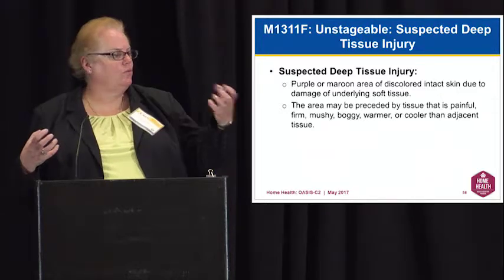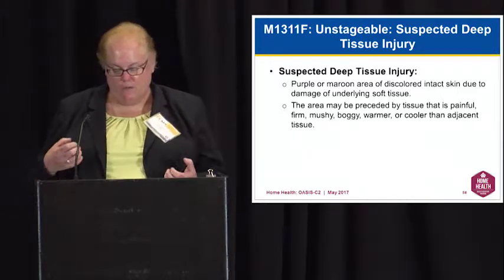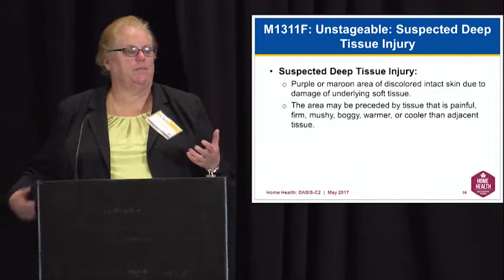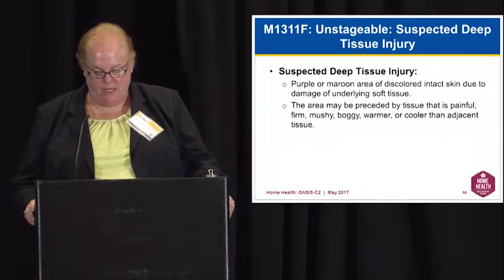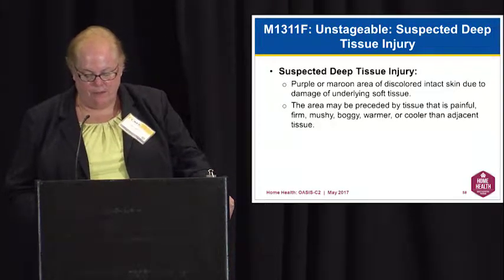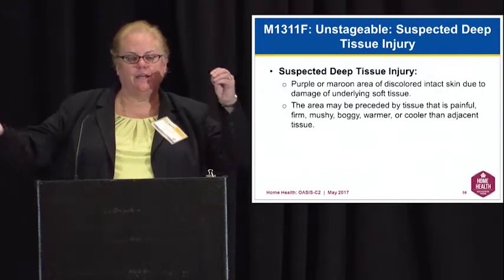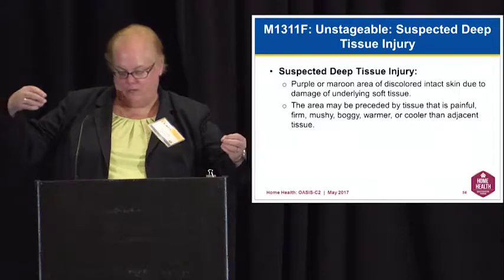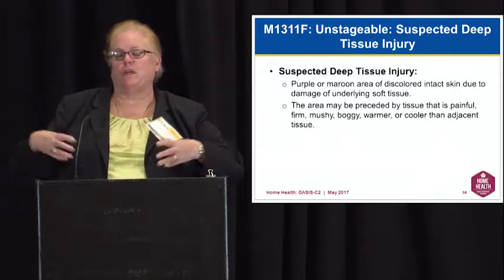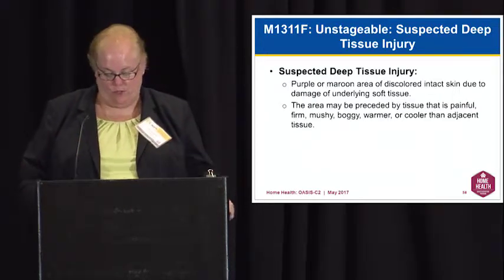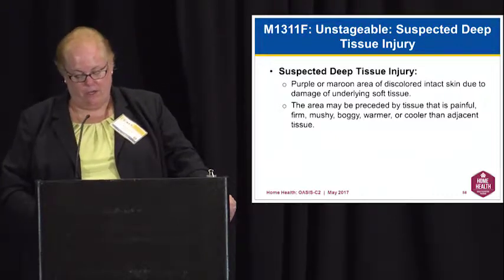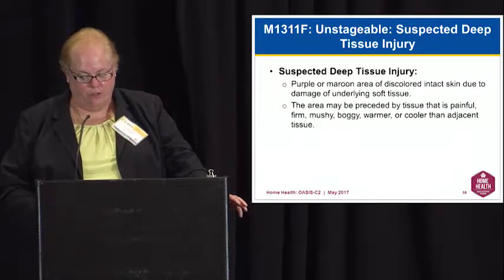You get that deep maroon color on the heels, but you can have this in other places on the body where there's pressure. The area may be preceded by tissue that is painful, firm, mushy, or boggy. So it could be mushy, it could be boggy, or it could be firm, and you have to use your best judgment on what you're dealing with. The surrounding tissue could be warmer or cooler.